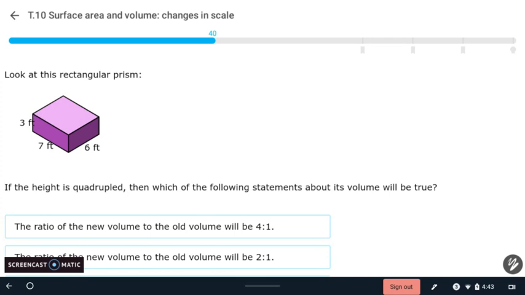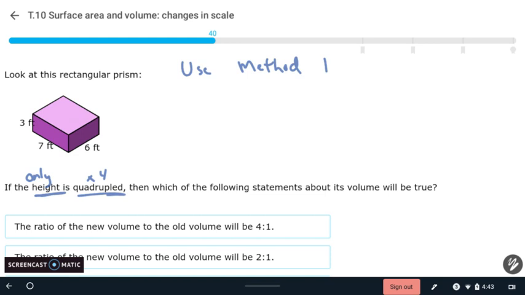But whoops, here's a problem where it doesn't work. So in this problem, only the height is quadrupled. So only one thing. Now you have to go back to method 1, which is you have to actually calculate it out by hand.